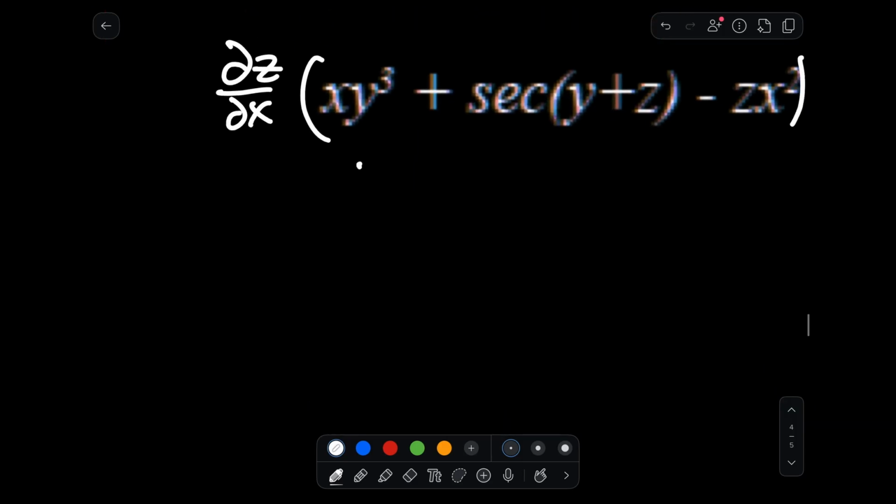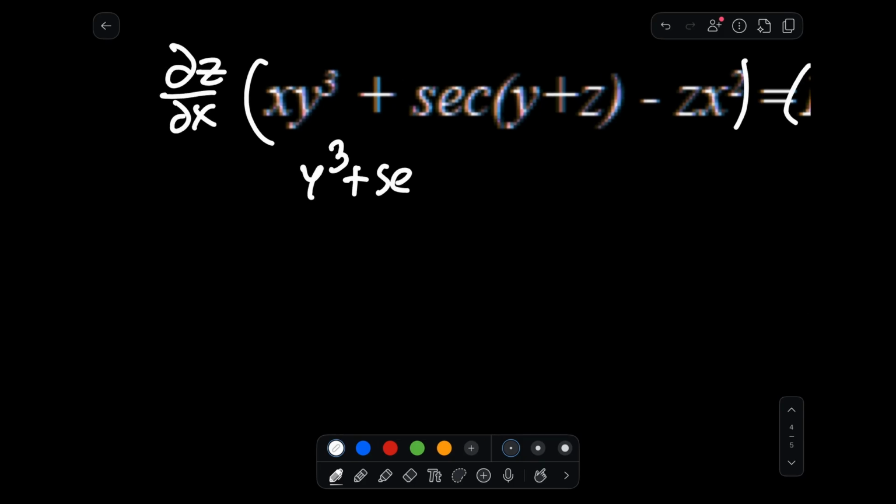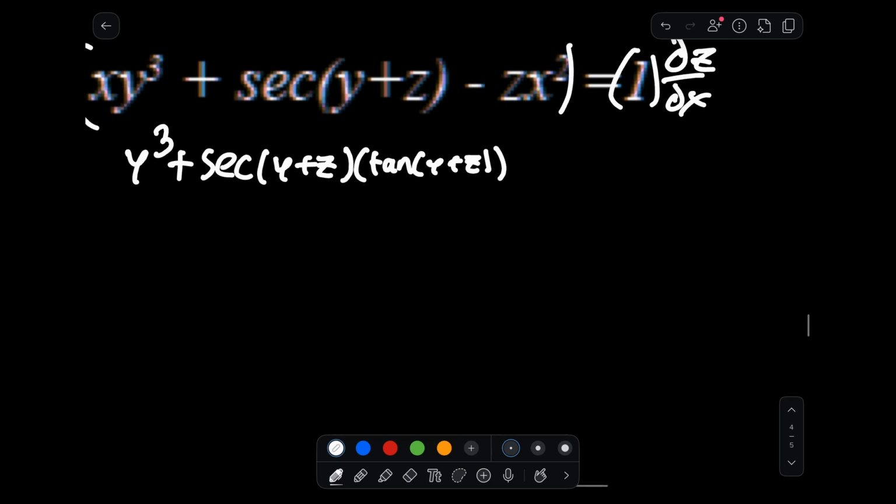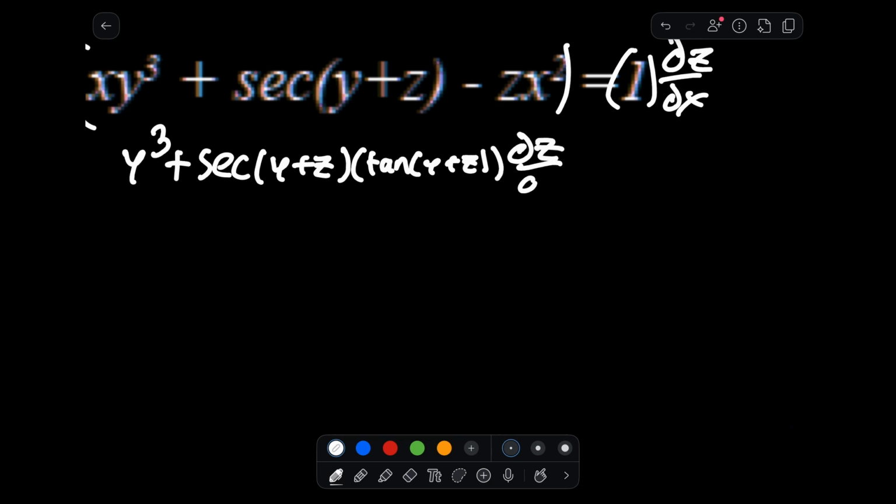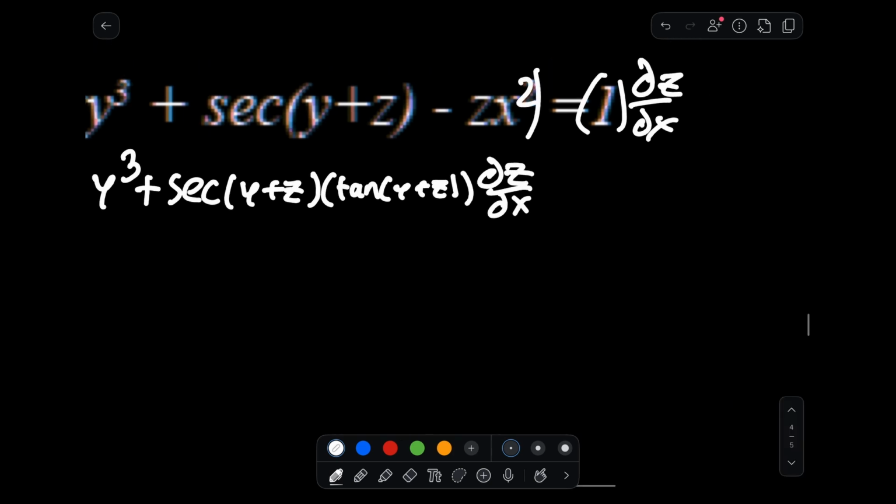So then we're going to get y cubed plus secant y plus z tangent y plus z del z del x, and this is supposed to be a zx squared.